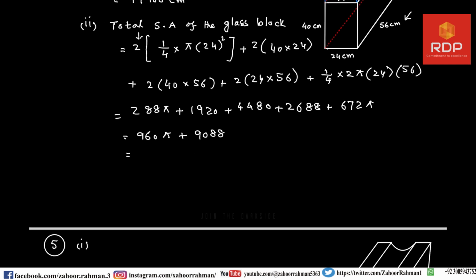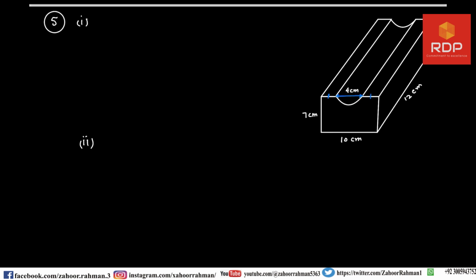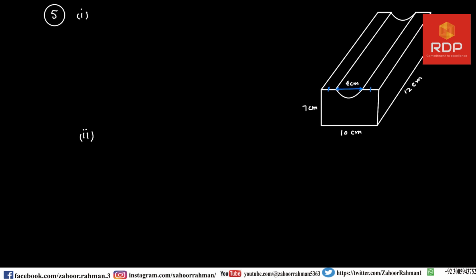Now if we add after putting the value of pi inside it, we will get 12,100 centimeter square.